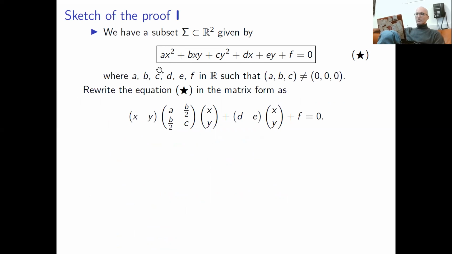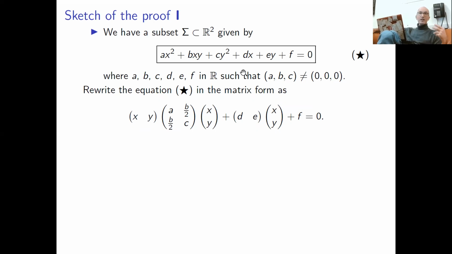And basically what we're doing now, we want to simplify the polynomial on the left-hand side of this equation by changing variables. We allow orthogonal change of variables and also translation. We change x, y to x plus alpha, y plus alpha. This is translation and rotation. And we want to see how we can simplify this polynomial.